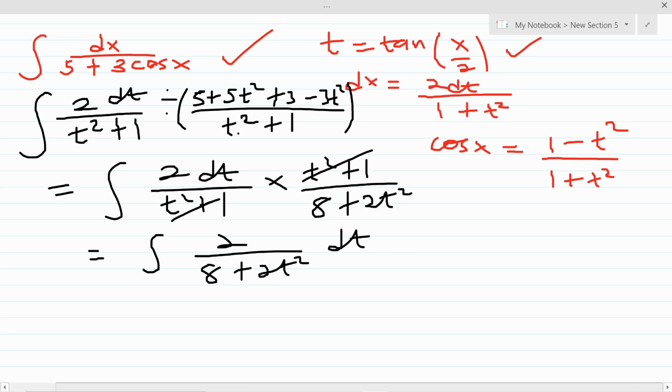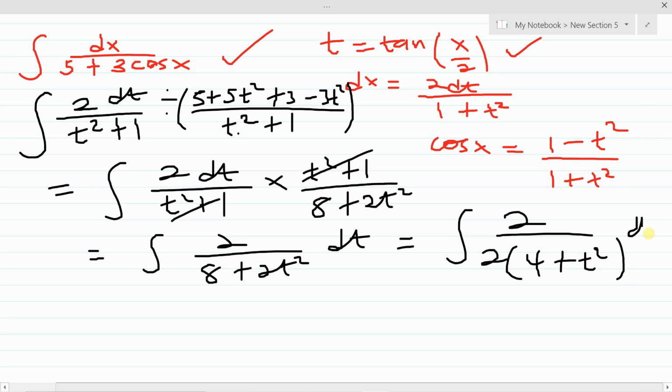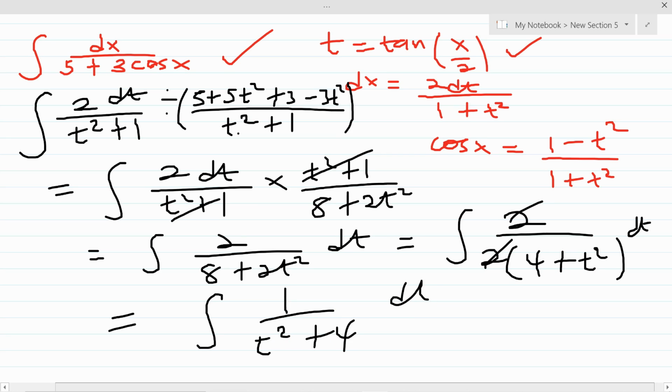This will be the same as the integral of 2 over 2 out, 4 plus t squared dt. So we take this out, and now I get the integral of 1 over t squared plus 4 dt.